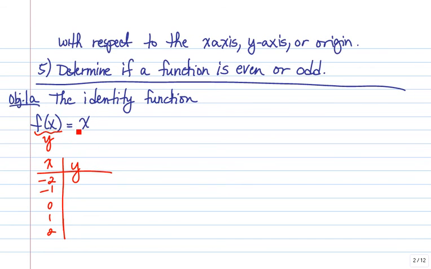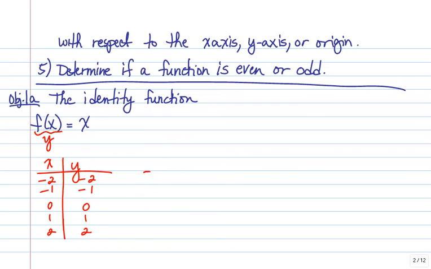Well, if I put in -2, I'm going to get out -2. If I put in -1, I'll get out -1, 0, 1, and 2, respectively. Right, because my function rule is saying that my input is equal to the value of the output. Or vice versa, if you want to say the output is equal to what you input into the function.